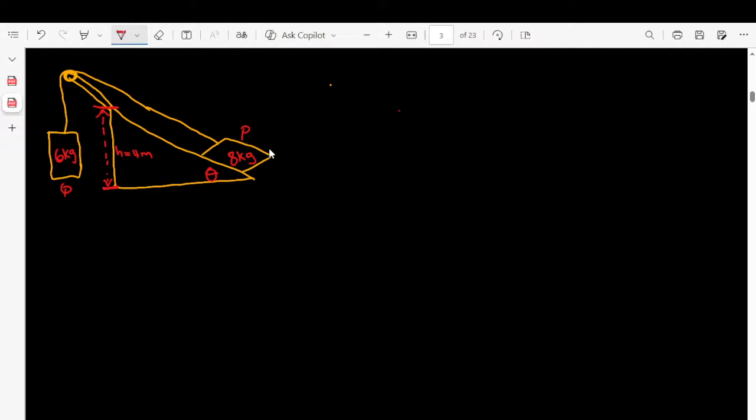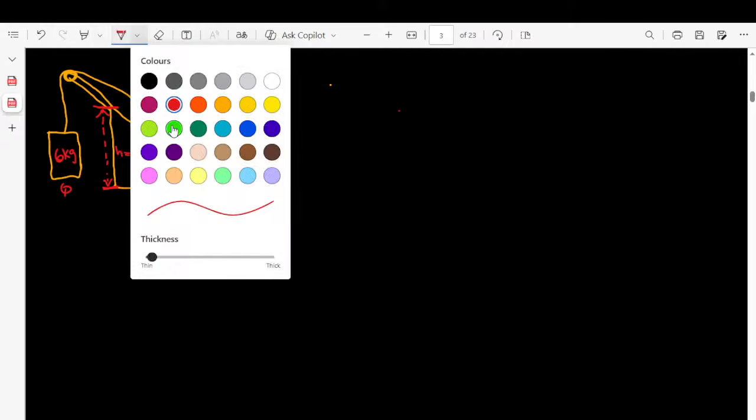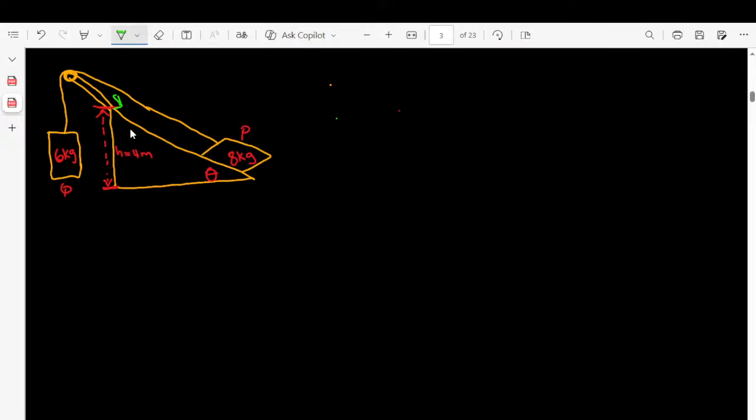We are given the angle as theta. Maybe we should just name it using different letters. Let's call this point y. This is my x, and this point here is my y.